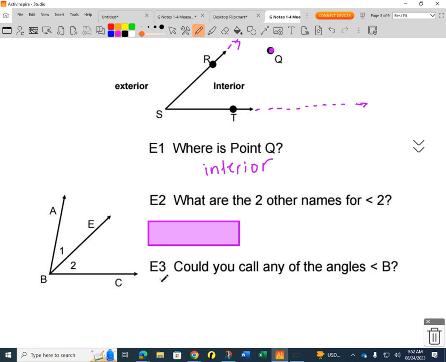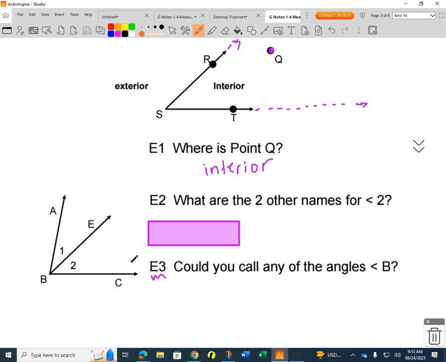Let's go ahead and go to angle 3, example 3 first. Can we call any of these angles angle B? Why not, Louis? Well, because... splits what in half? How many angles can we see in this diagram? Technically, there's 3 though, right? There's this big one that you may not be counting. That one, and this one, right?